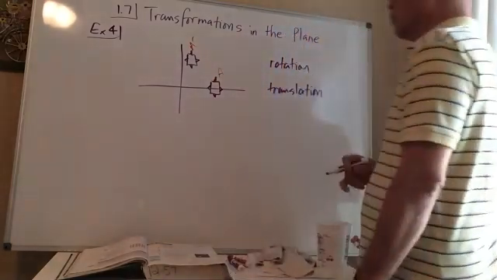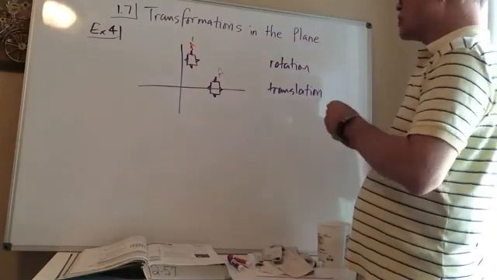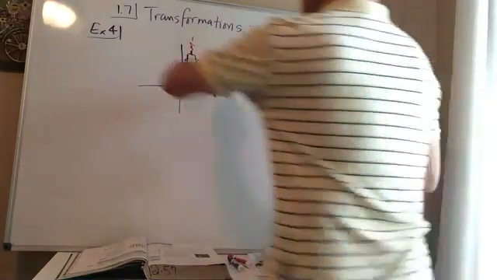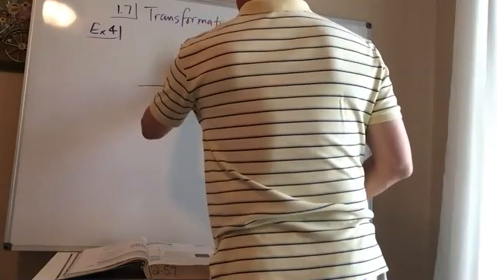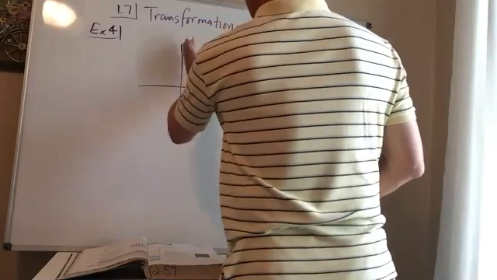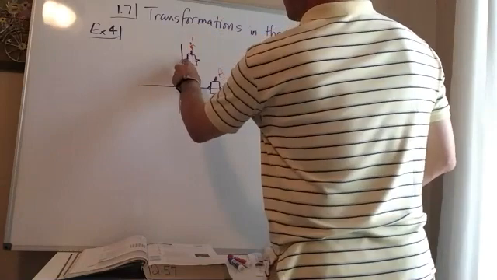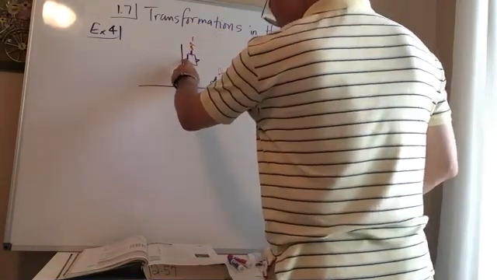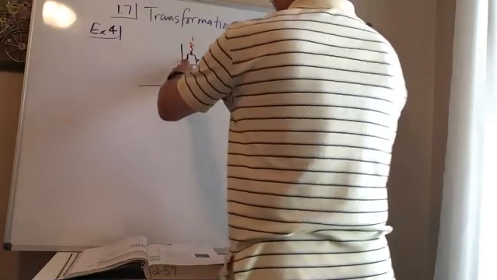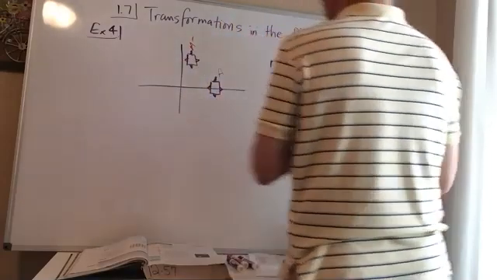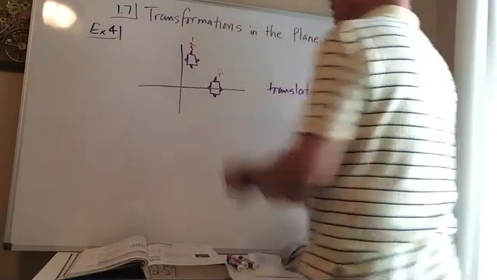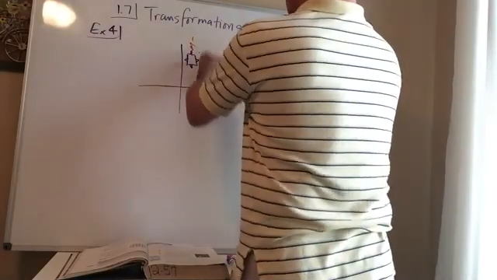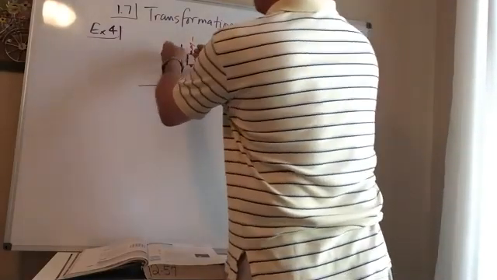Okay, so is it a rotation? Can I rotate across and get there? The answer is no, because if I rotate it across, A prime would be over here. So I can't rotate it, which means that it has to be a translation. So I moved it up, and I moved it to the left.